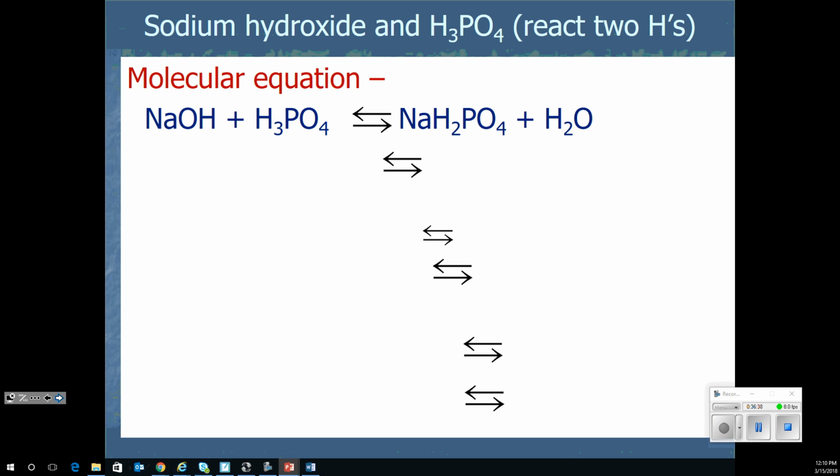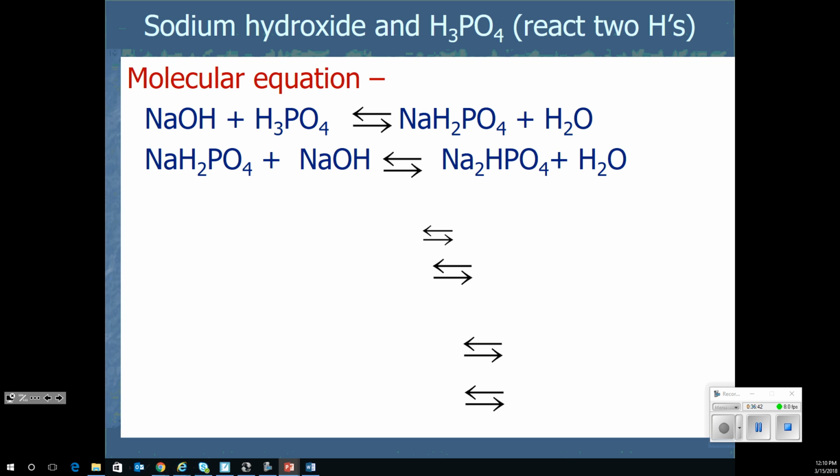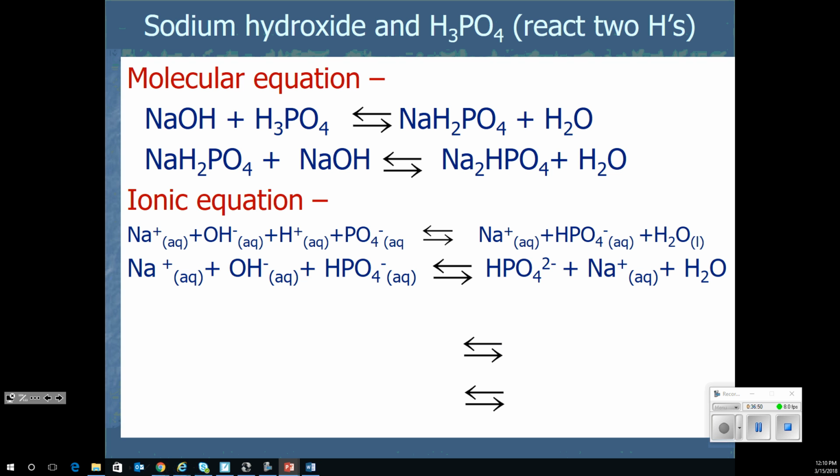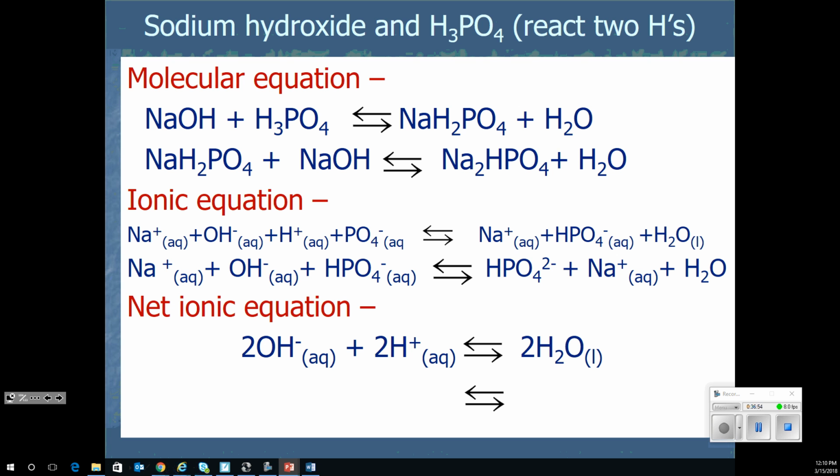So if I have phosphoric acid, which is a weak acid, it actually splits down, and each time we could actually do one more where we take the last hydrogen off. But we can then do an ionic equation and split it. And then we could do the net ionic equation, which we would still get the 2's, but the 2's would go away and we still end up with H plus OH yields H2O, as long as we show all the possibles.